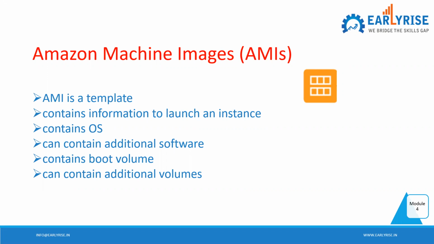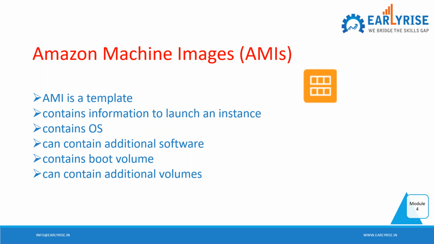If you create an AMI out of your instance, you will have a choice to keep that additional volume also, if you want to give that to the other users who will be using it, or whenever you want to launch. You can keep that also, but that's not mandatory.